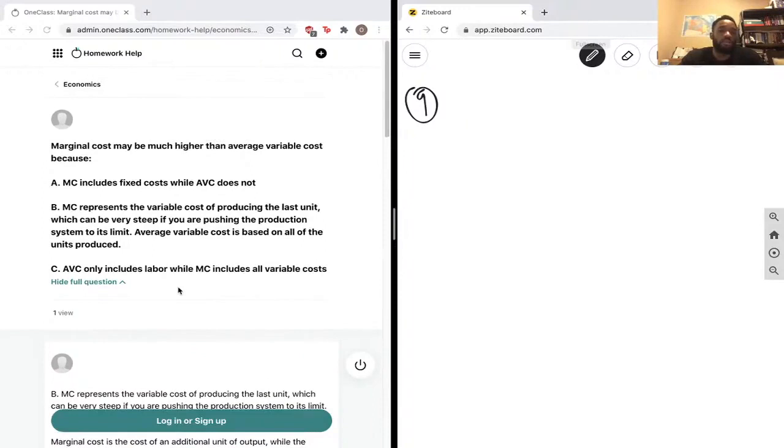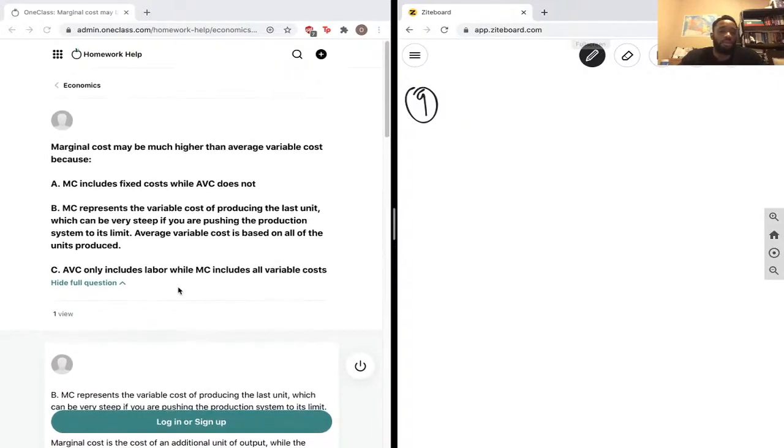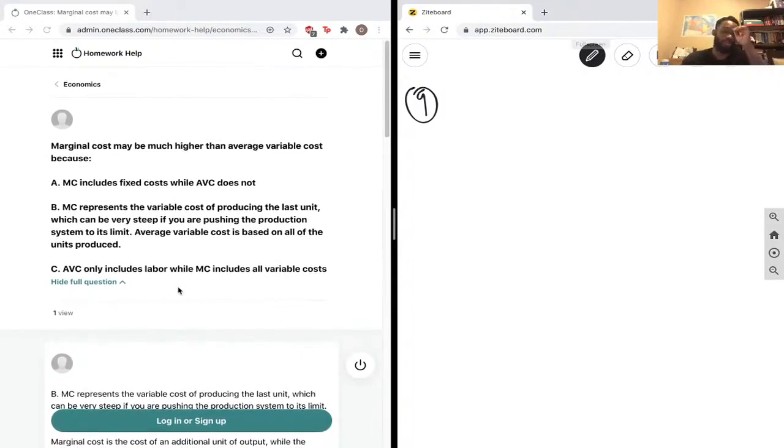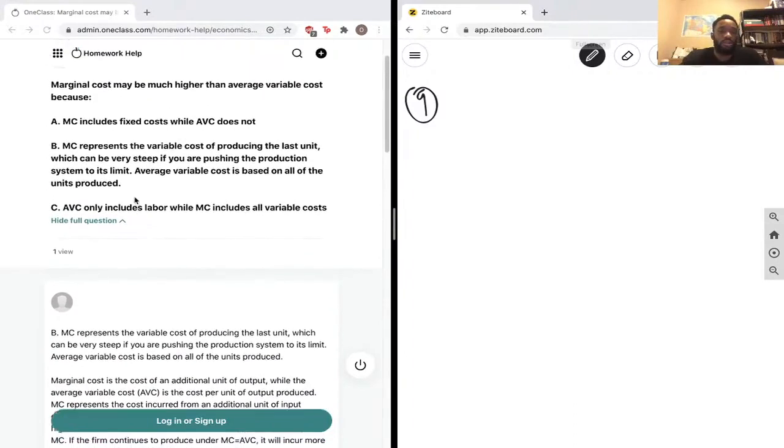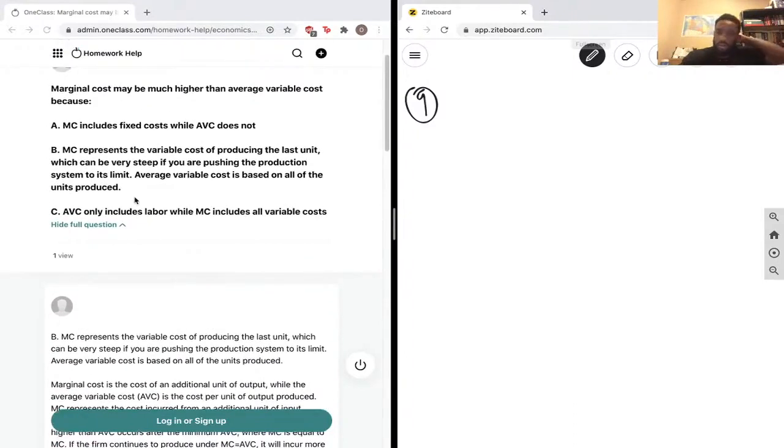And even if you didn't know what the answer to this question is, you could eliminate one of them because it says average variable cost only includes labor, while marginal cost includes all variable costs, and that's not true.